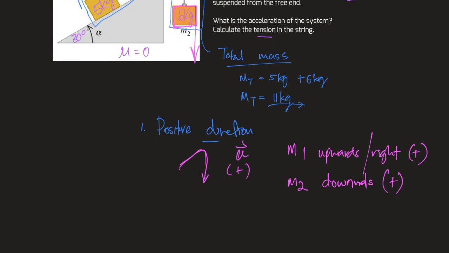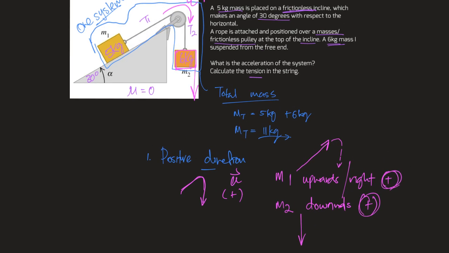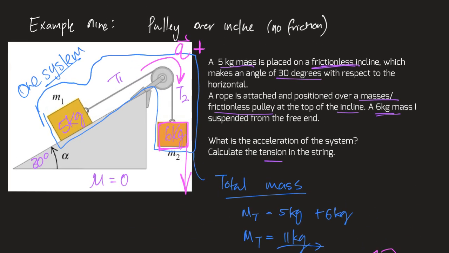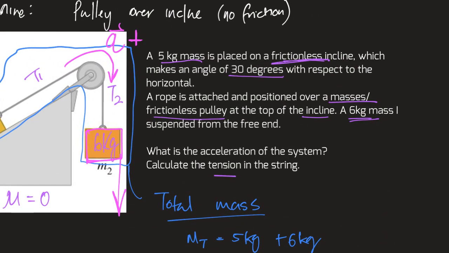So M1 can move in that direction and over the pulley, and M2 can move in that direction, and they'll be considered positive if those are their motions. The other thing that I must check here, there's my theta value, so I should write that down. Theta is equal to 30 degrees.